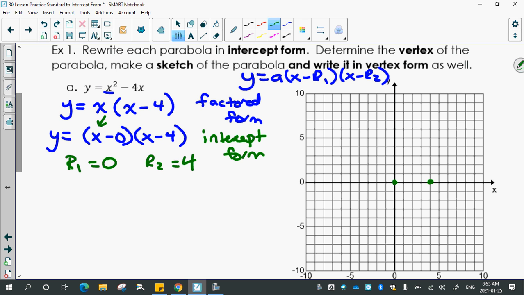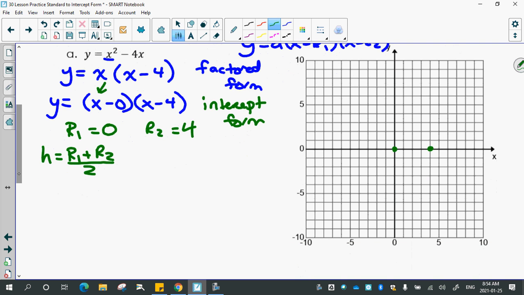Now you can calculate your vertex using the two formulas. Okay? So H is R1 plus R2 divided by 2. So you add the x-intercepts together and divide by 2, which gives you the middle of them. Okay?